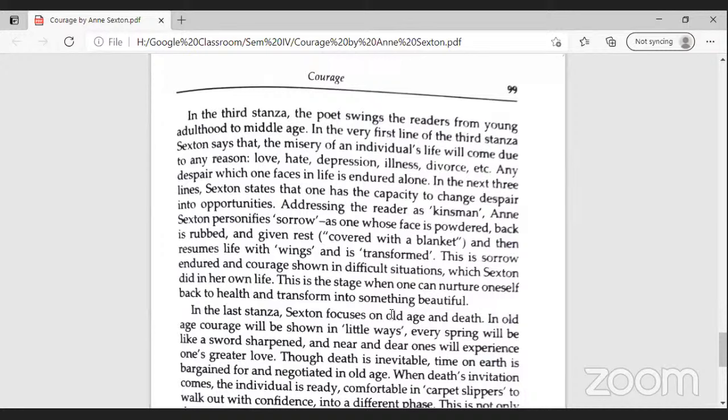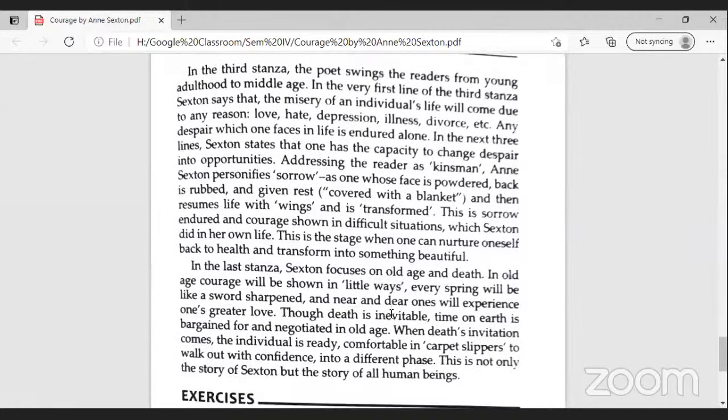This is sorrow endured and courage shown in difficult situations, which Sexton did in her own life. This is the stage when one can nurture oneself back to health and transform into something beautiful.